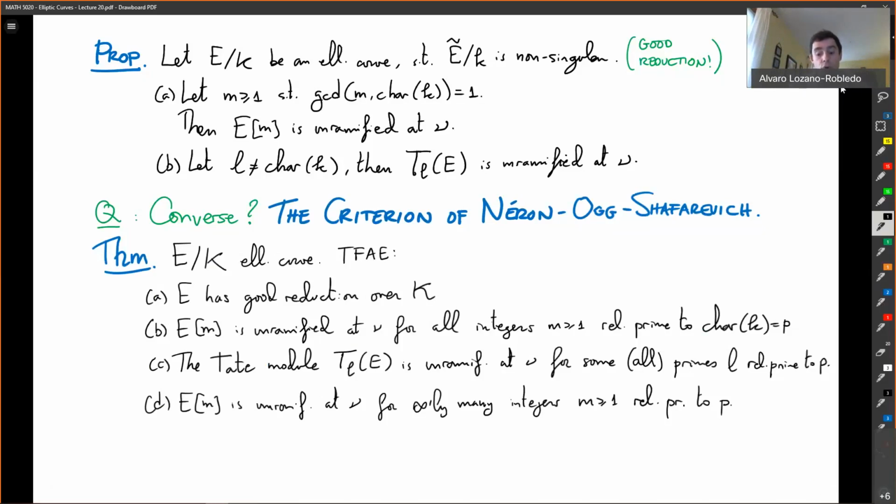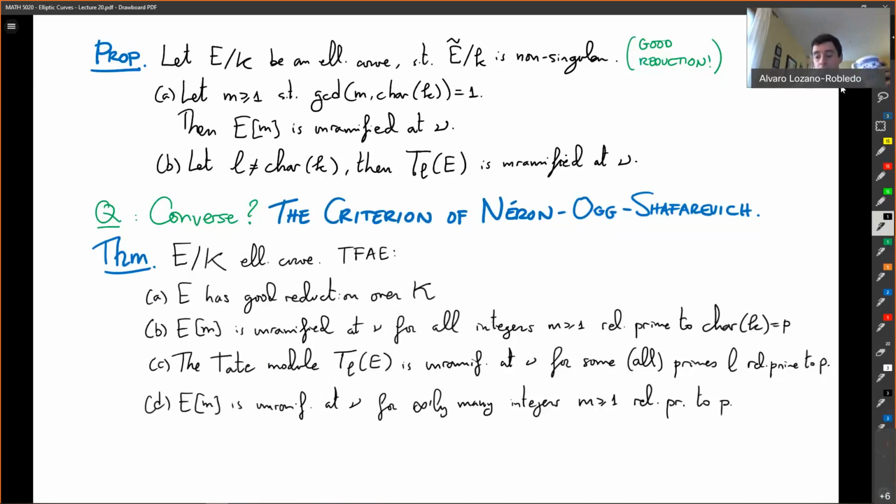So being of good reduction is actually an if and only if to being unramified at nu for all integers m relatively prime to p, and it is a bit more flexible than that.